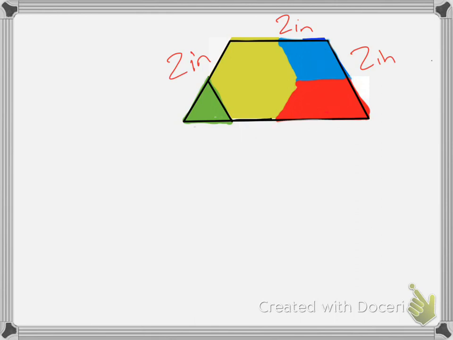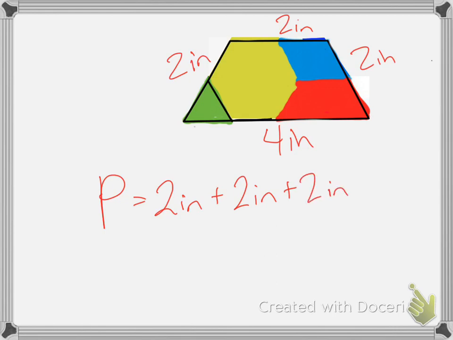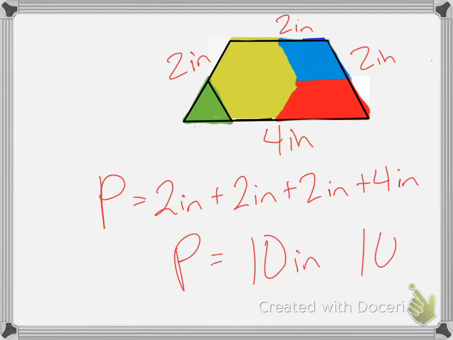And the bottom would equal 4 inches. Okay, so to find the perimeter, I would add up 2 inches plus 2 inches plus 2 inches plus 4 inches. So the perimeter equals 10 inches. Or you can write it as 10 inches with that mark.